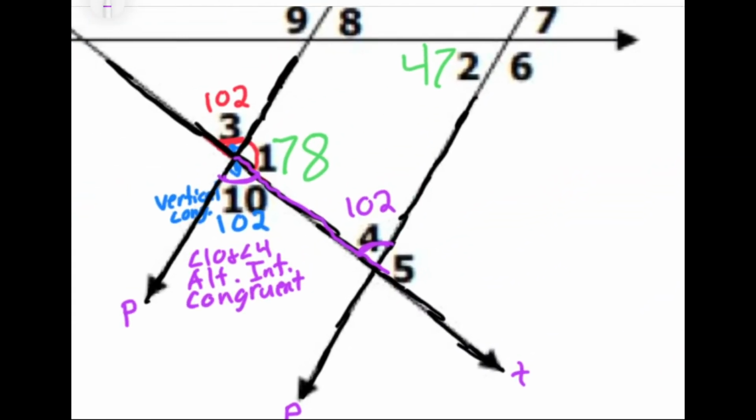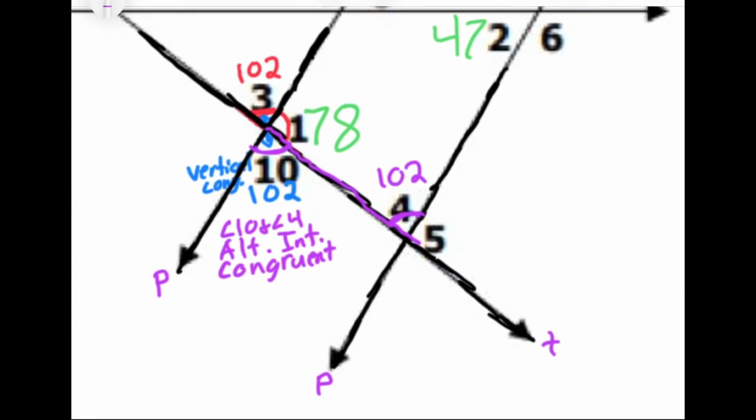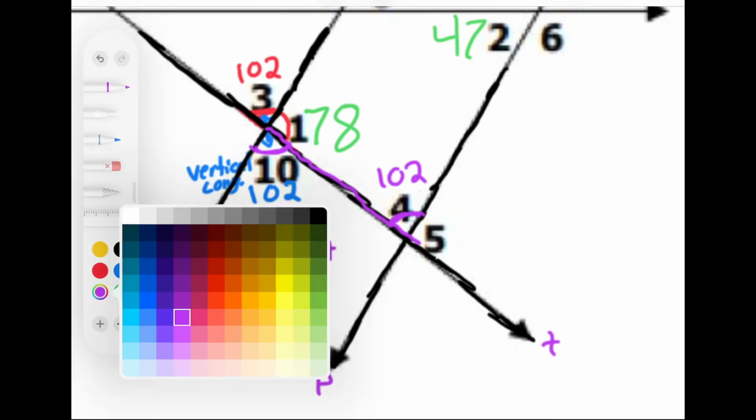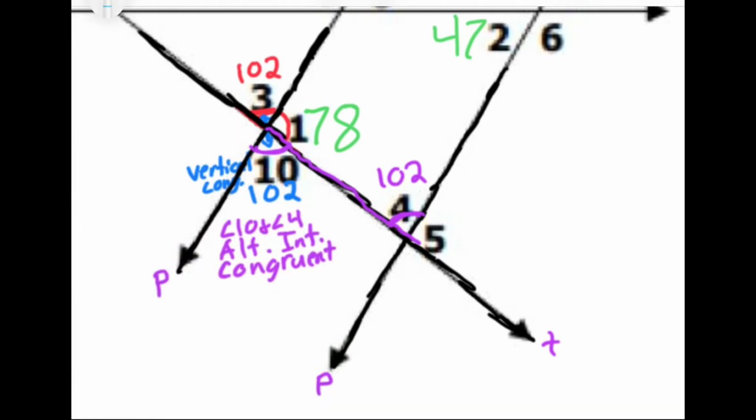And then lastly, angle 5 on this part of the figure. So there are many ways to look at angle 5. You can either see it as angle 4 and angle 5 added together would give you 180, and you subtract the one you know to get angle 5, which would be 78.